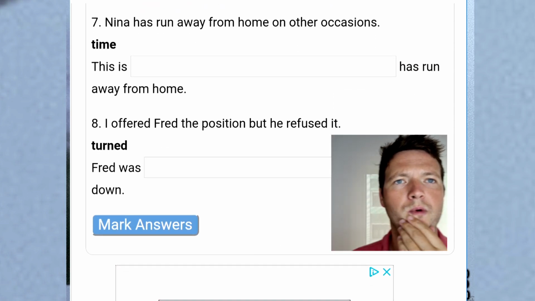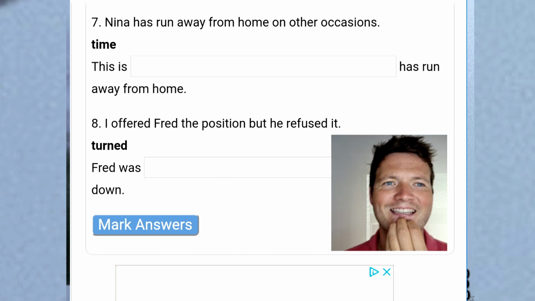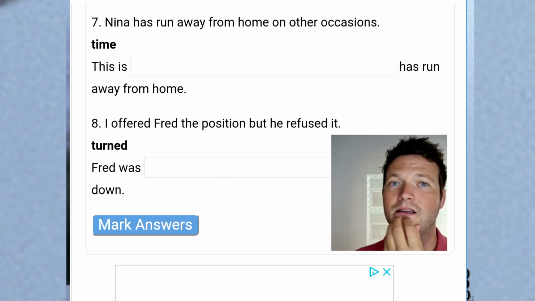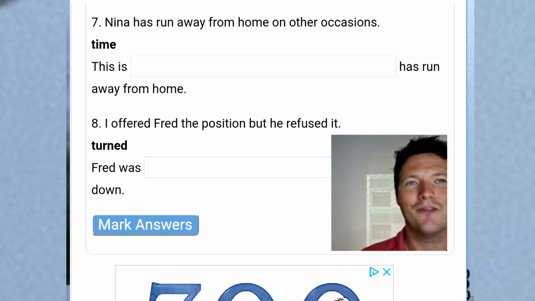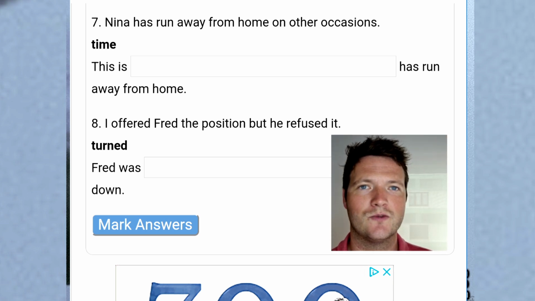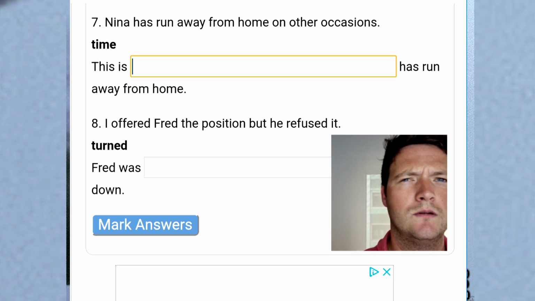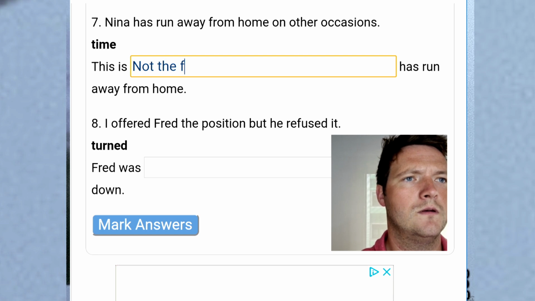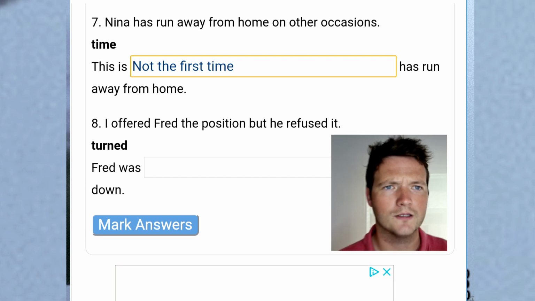Nina has run away from home on other occasions. It's not the first. Yeah. This is not the first time Nina has run away from home, I think. Sorry, it takes me a while to write.